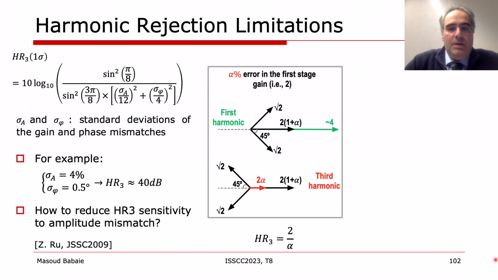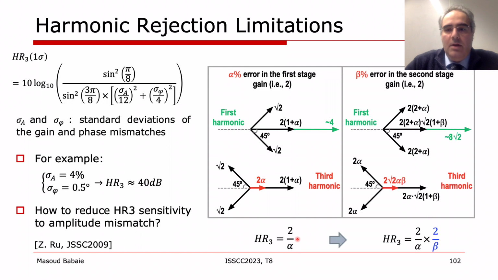The next question is how we can reduce the sensitivity of the harmonic rejection to the amplitude mismatch. The answer is to employ harmonic rejection in multiple stages. If we have an alpha % amplitude error in the first stage, the harmonic rejection is related to 2 over alpha.